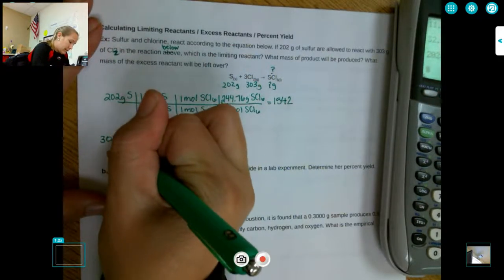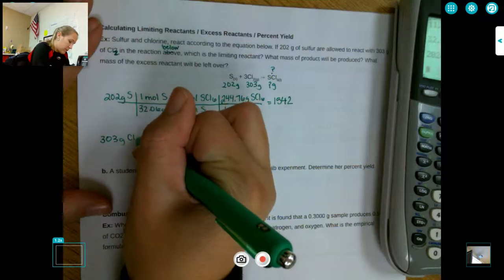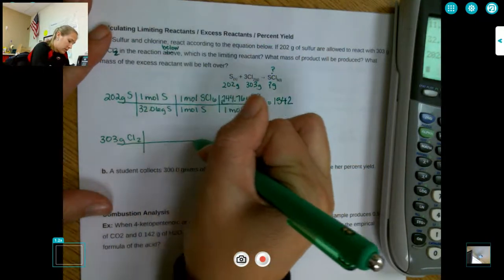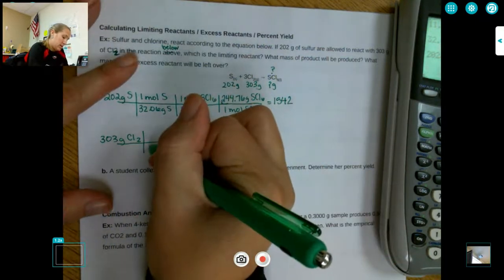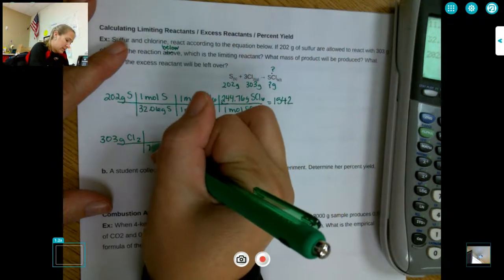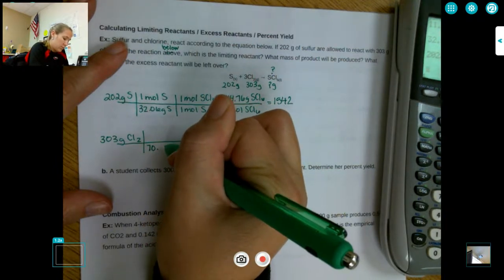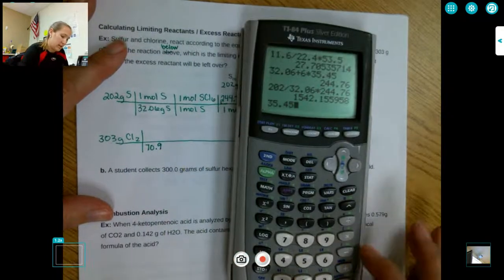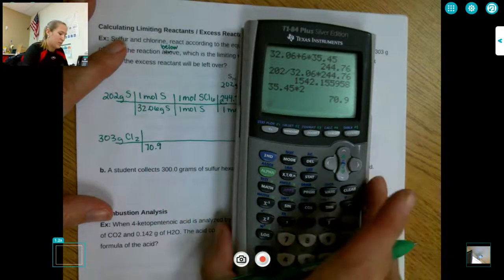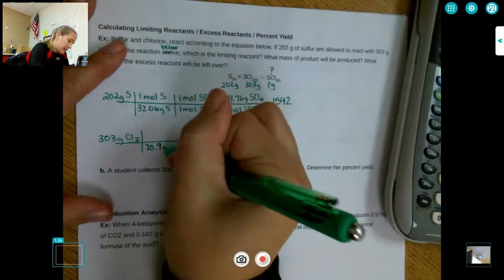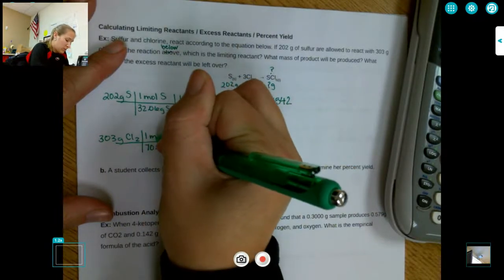So next, 303 grams of chlorine, and it's diatomic chlorine. So that means my molar mass is 70.9 grams of chlorine for every 1 mole of chlorine.